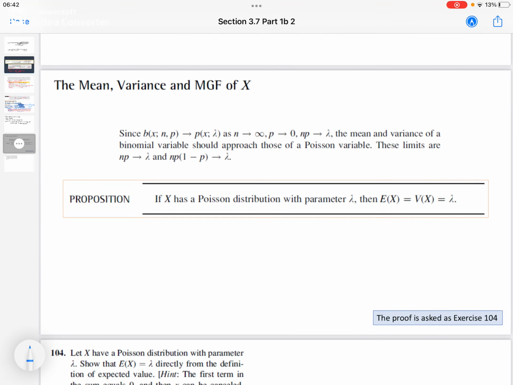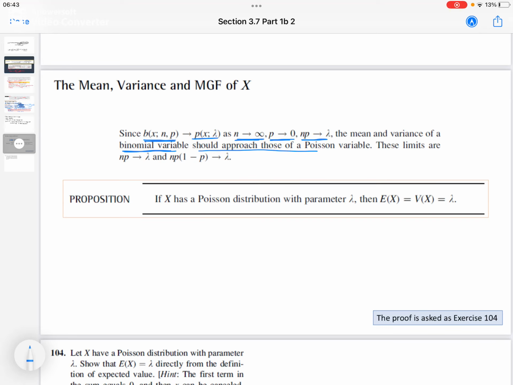All right, so now this leads us to the mean and variance of a random variable x that follows a Poisson distribution. So it says here that since the binomial distribution tends to the Poisson as n tends to infinity and p tends to 0 and np tends to lambda, then the mean and variance of a binomial variable should approach those of a Poisson variable. Right?